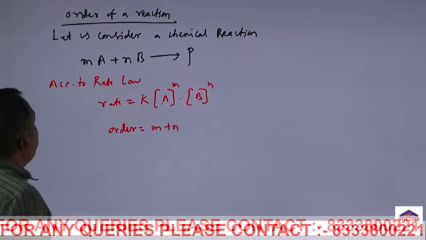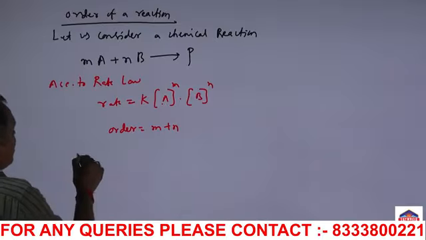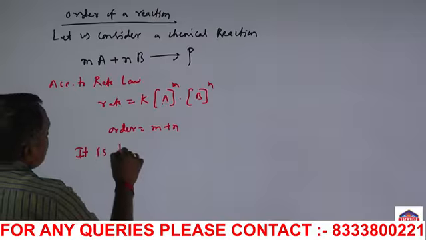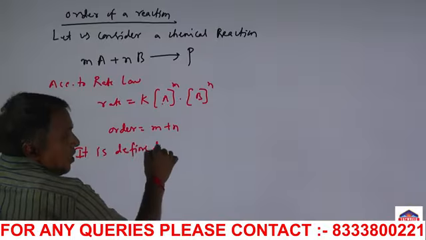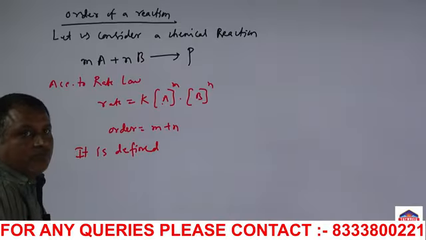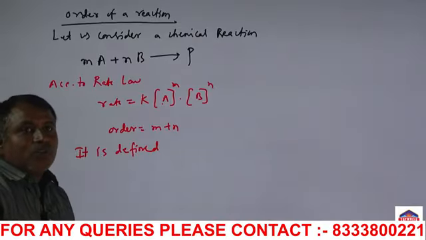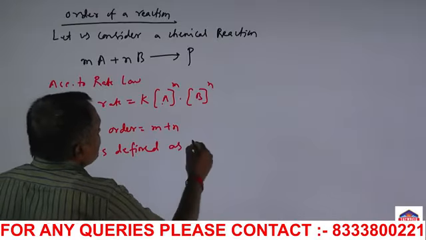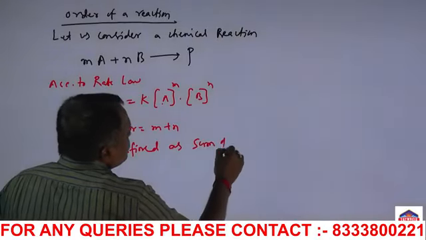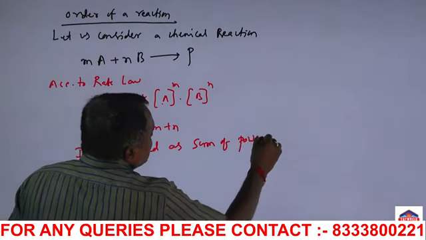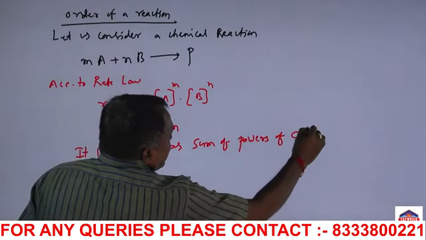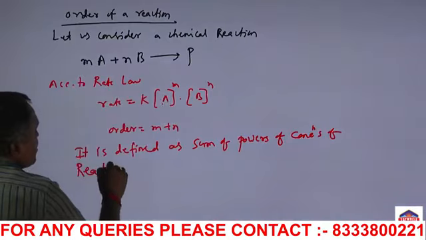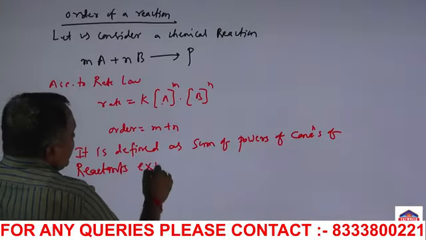So how can we define this order of a reaction? It is defined as the sum of powers of concentrations of reactants expressed in rate law.